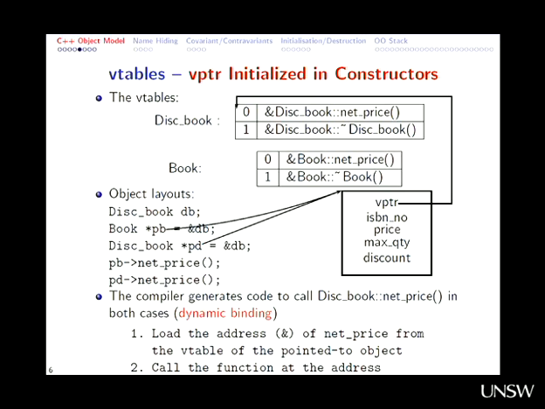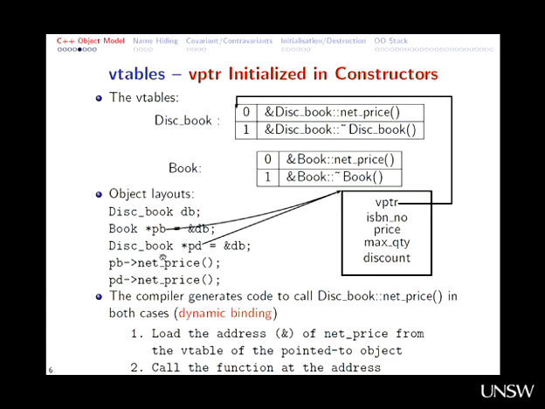Now, because this pb thinks it's a book, it can't access max quantity and discount. Let's be very clear about this. It can't access max quantity and discount because it thinks it's a book, and a book doesn't have a max quantity and a discount.